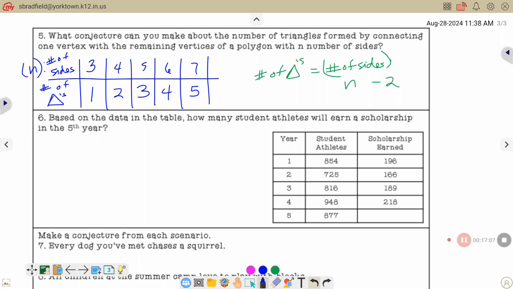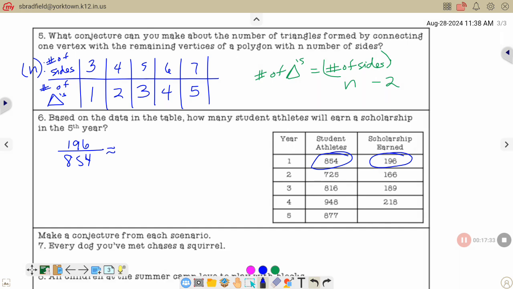What I'm going to do is I'm going to take the number of scholarships earned from the number of student athletes, and I'm going to find out what percent that is. So 196 out of the total is 854. And I'm going to see how much that is.